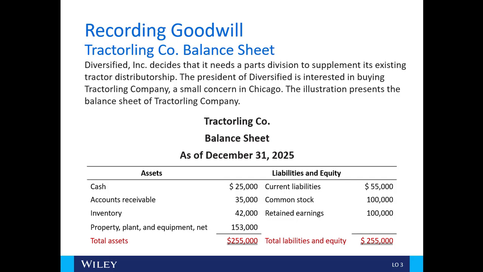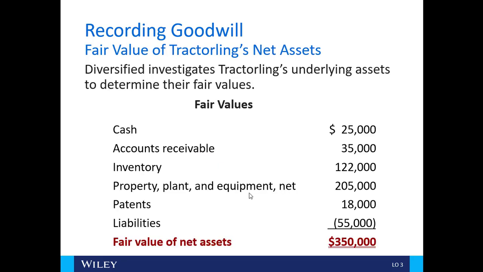It might occur. So if you take, here's a company, Tractorling Company, and this is their balance sheet. It shows that their assets are worth $255,000, liabilities $55,000. So their company's on the books worth $200,000. However, the fair value, meaning how much the assets are worth on the market, is more. It's not $200,000. It's worth $350,000.